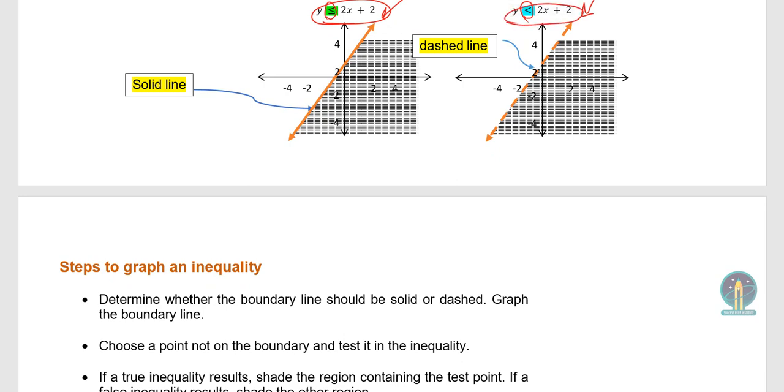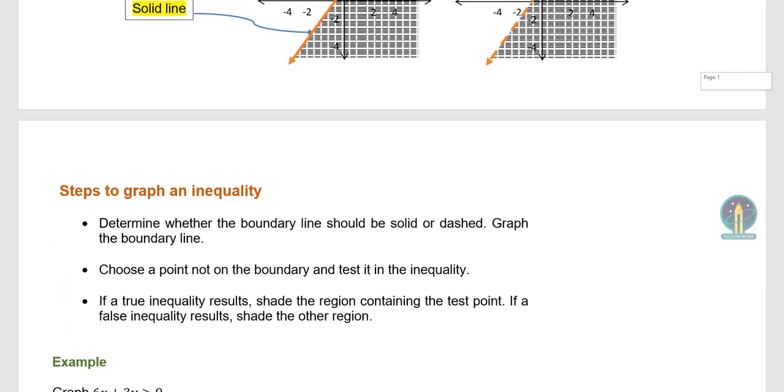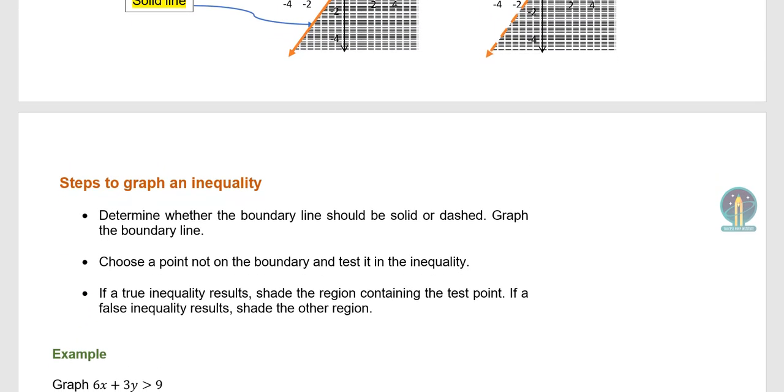You just treat it as if you were graphing a line. Determine whether the boundary line should be solid or dashed by looking at the inequality symbol. If it's greater than or equal or less than or equal, then it's solid. If it's just less than or greater than, then it's dashed.